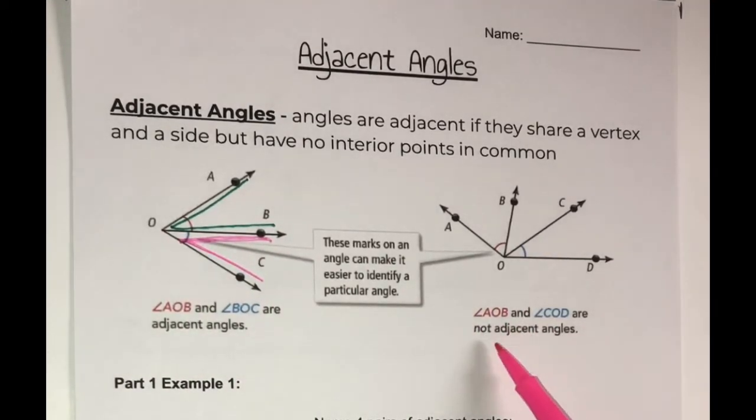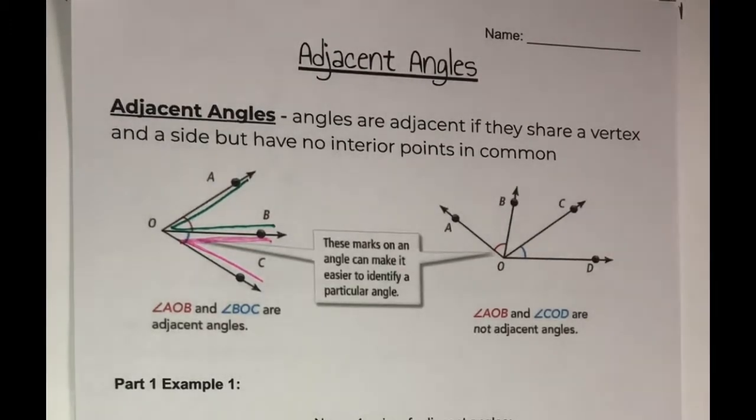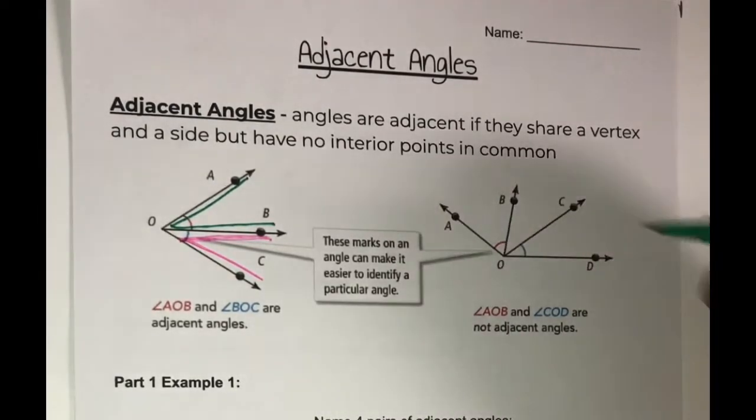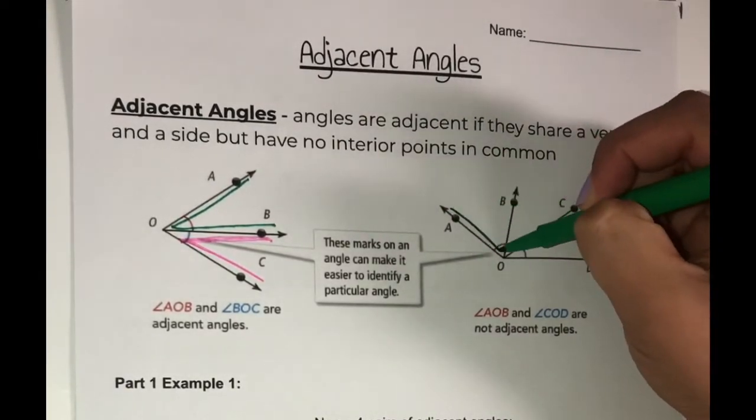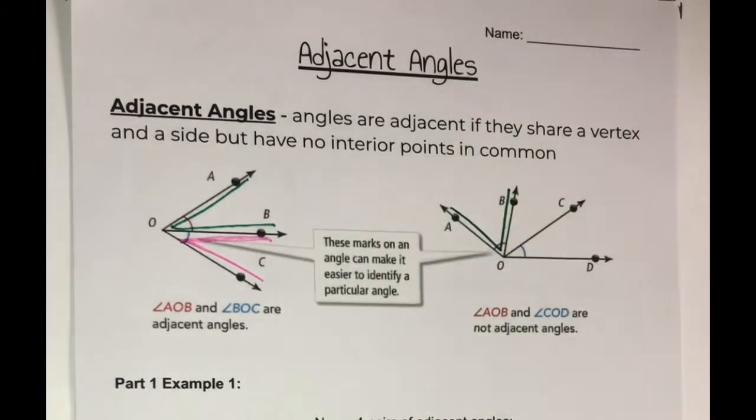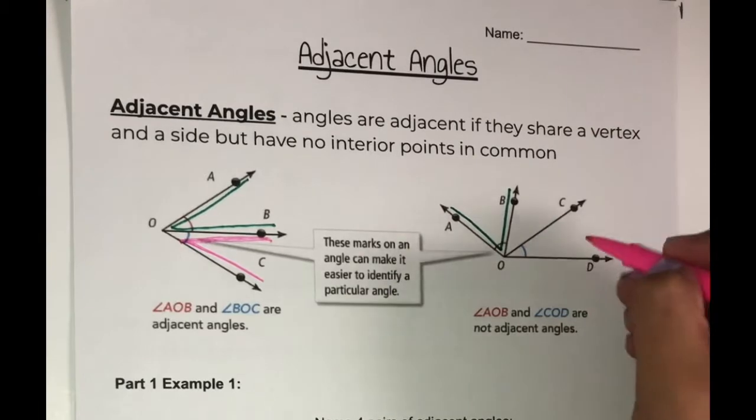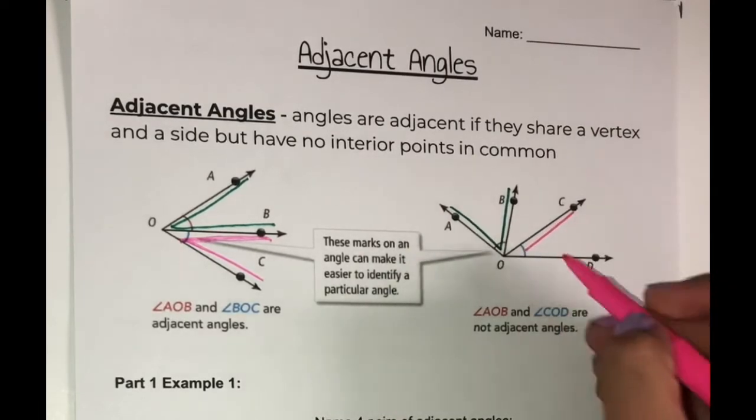If you look at this example, angle AOB and angle COD are not adjacent angles. So I'm going to mark angle AOB with my green marker, and angle COD with my pink marker.